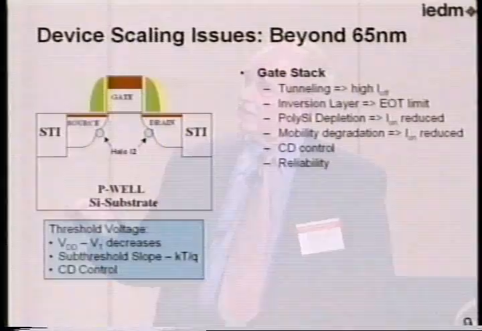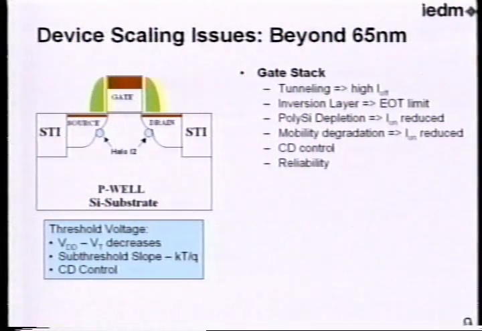Some of the issues related to the gate stack: for the gate dielectric itself, we're starting into the direct tunneling regime, so the gate becomes leaky if we continue to scale silicon dioxide or silicon oxynitride down. We start getting into the tunneling regime not only for the gate, but also, as we scale the length of the transistor down, for tunneling between source and drain and band-to-band tunneling.